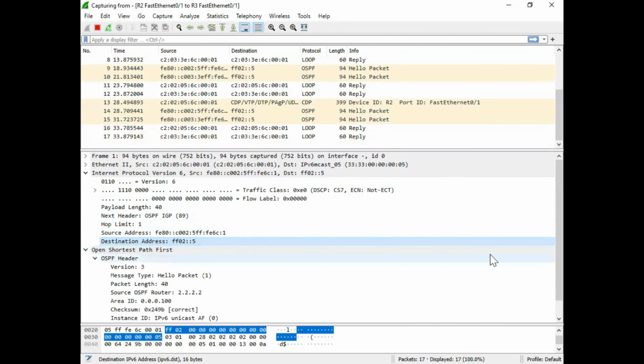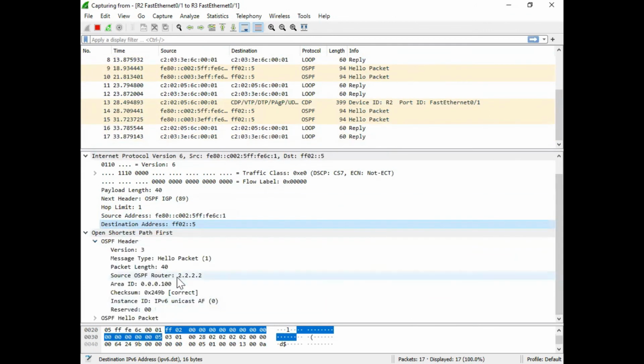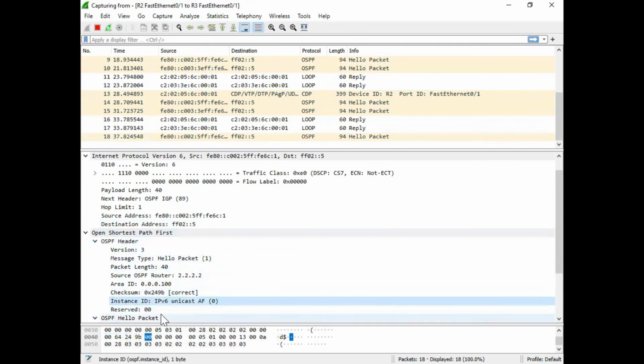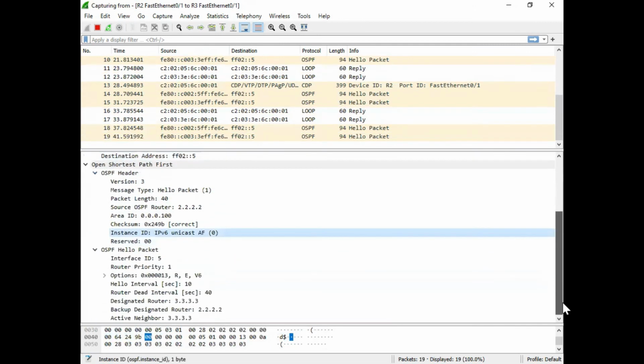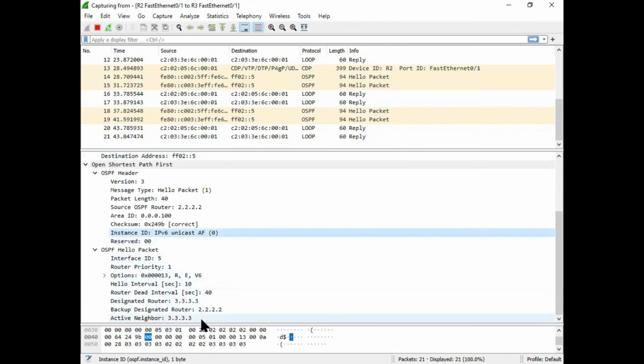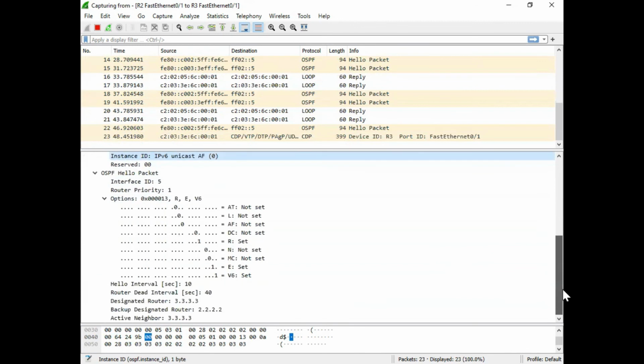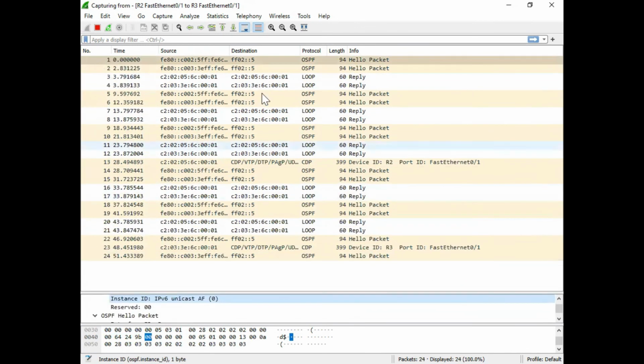Then if you check the OSPF hello, again it is carrying everything the same. If you check the OSPF hello packet, again there are the same things. The same kind of hello you can observe.